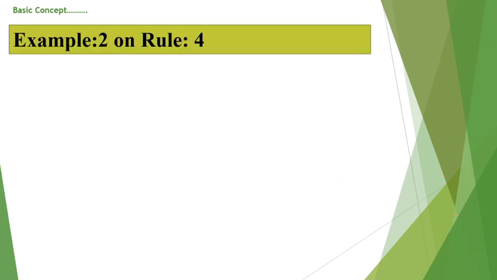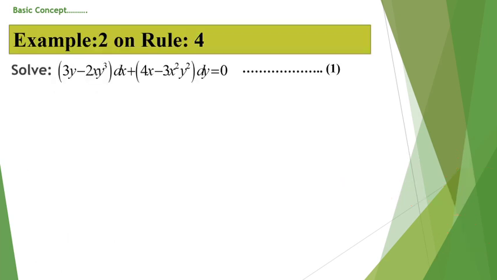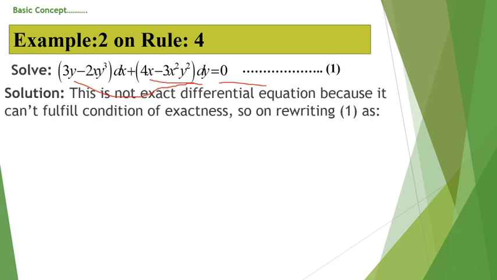So taking one more example, solve (3y minus 2xy^3) dx plus (4x minus 3x^2y^2) dy is equal to 0. Let it be equation number 1. Again we can say this is not an exact differential equation because it cannot fulfill the condition of exactness.